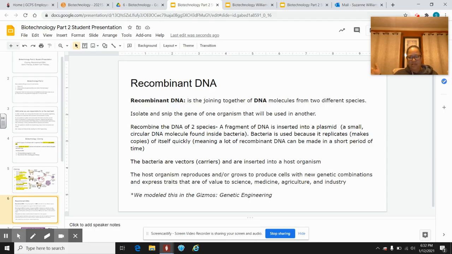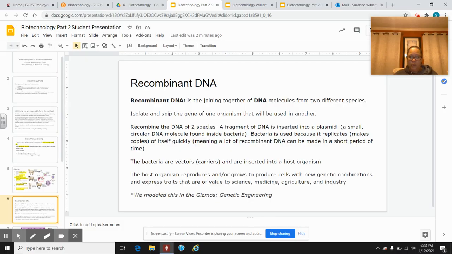So sometimes it's silly, like glow in the dark cats, but sometimes it's significant and important. Take a diabetic person who does not produce insulin, and they receive gene therapy and recombinant DNA, and that gene that they get is a gene that produces insulin.